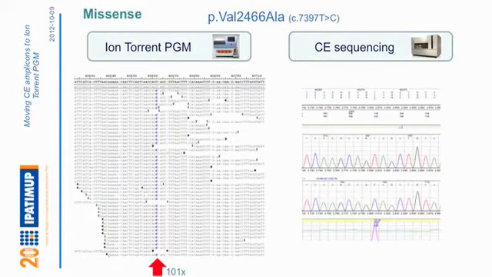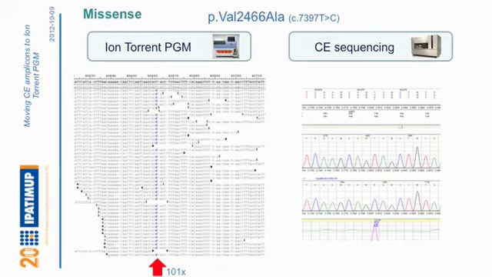So now I'll go quickly over three slides where I show some positive results, some of the data that we got out of this. And here is just for you to have a comparison of the type of information that one gets from the readings on the Ion Torrent PGM and the Sanger sequencing.